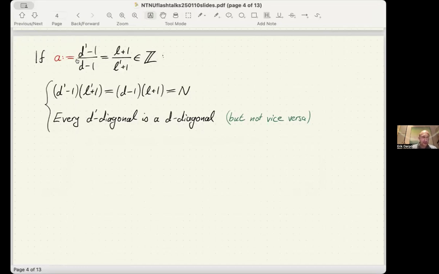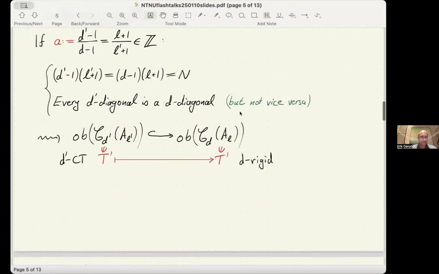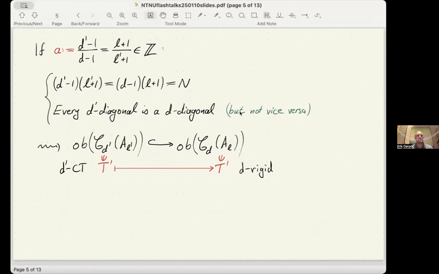So notice that I write A for this number. What this means is that we can view every object in the d prime cluster category as an object in the d-cluster category. We get an injective embedding of objects in the d prime cluster category into the d-cluster category.